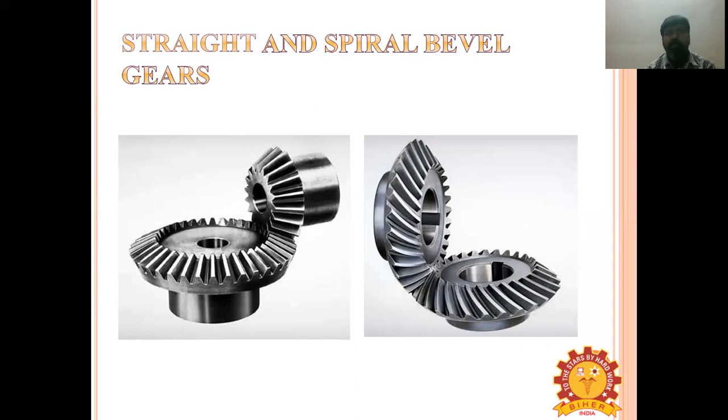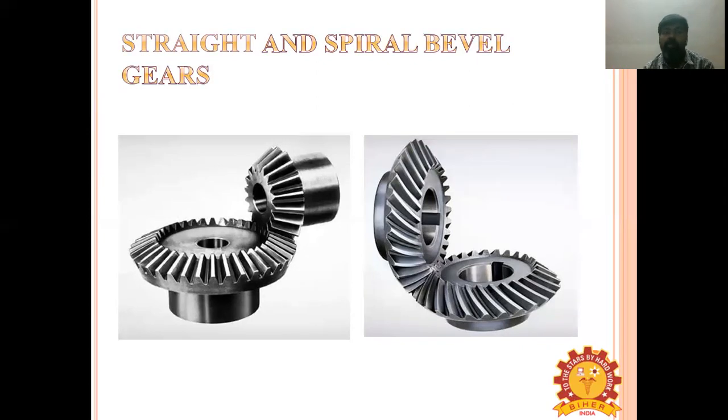Now the spiral bevel. What is the spiral bevel? We already studied about the spiral. When the teeth of a bevel gear are inclined at an angle to the face of the bevel, they are known as spiral bevel gears. To reduce the noise, helical teeth are used on these bevel gears.